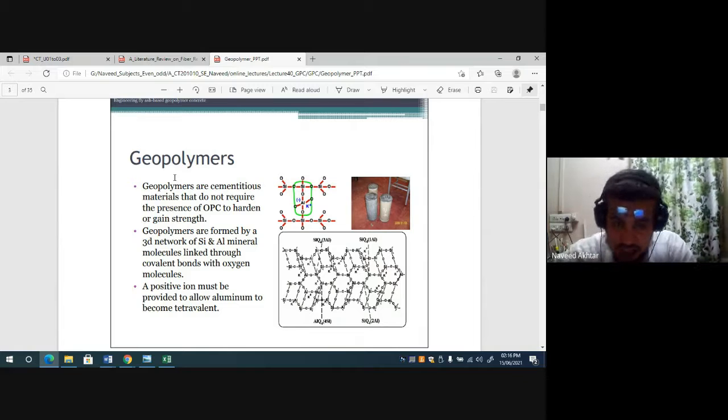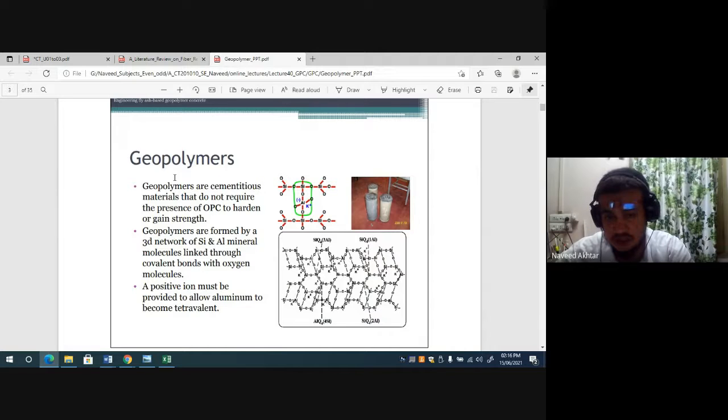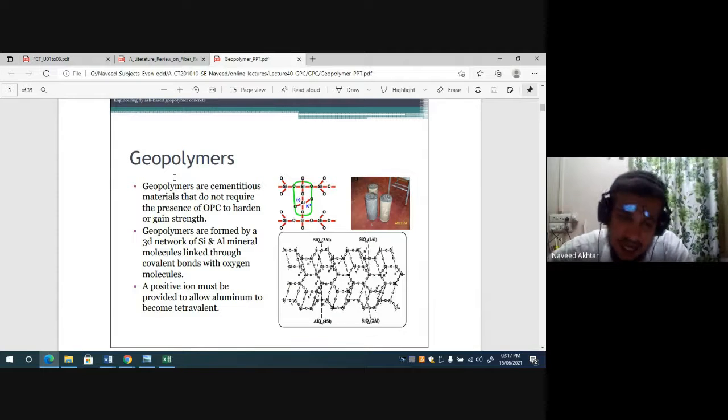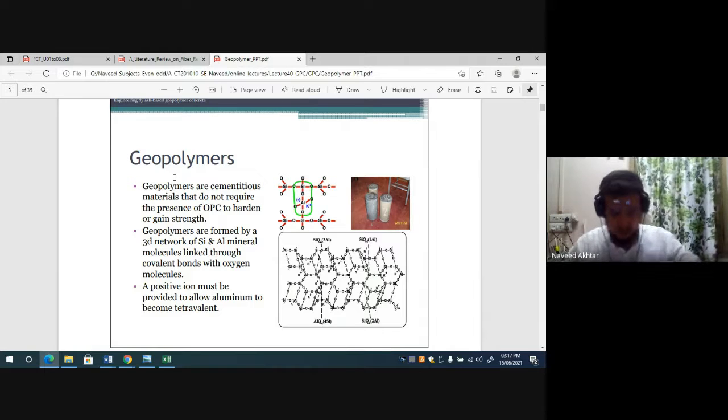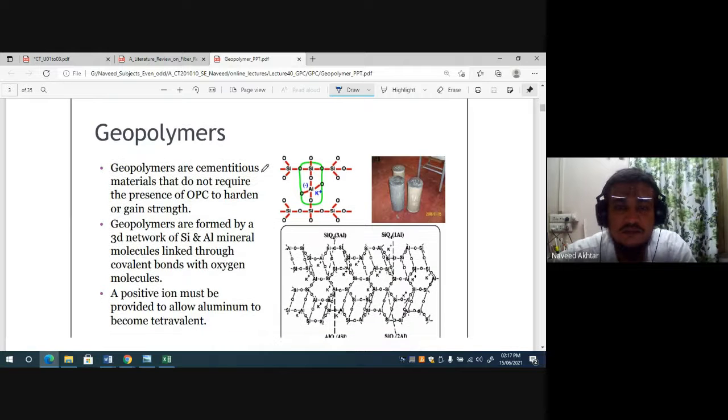The hydration reaction is also an exothermic reaction because heat is involved. That's why the hydrates are formed, calcium silicate hydrates, and that reaction is called the hydration reaction. But in the case of geopolymer concrete, the reaction is not hydration.